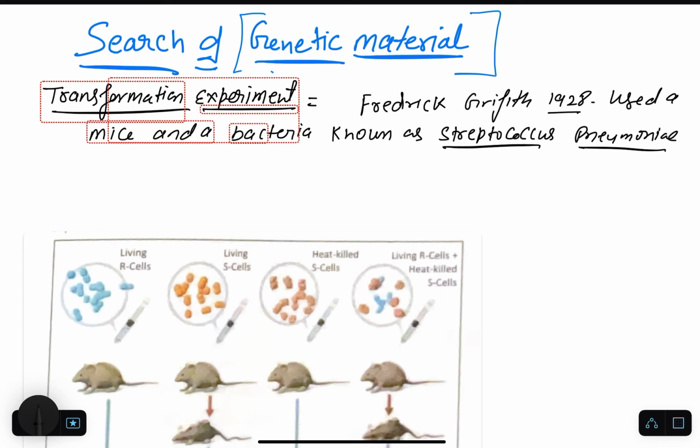He used this bacteria for his experiment, and this bacteria has many strains. He used two strains. One is the S type, which has a capsule and a shiny surface.